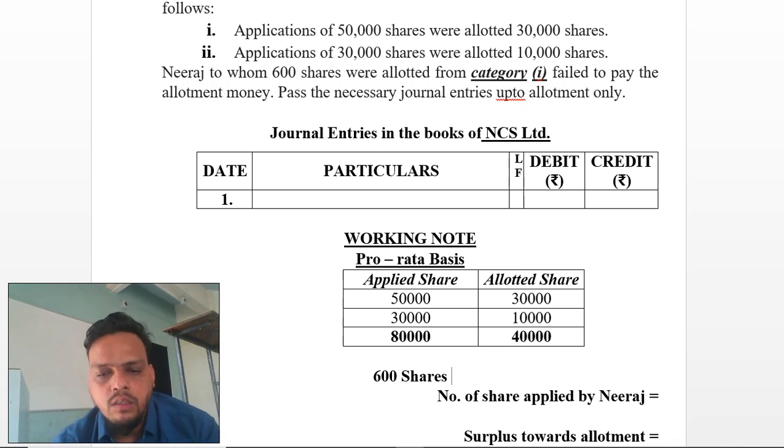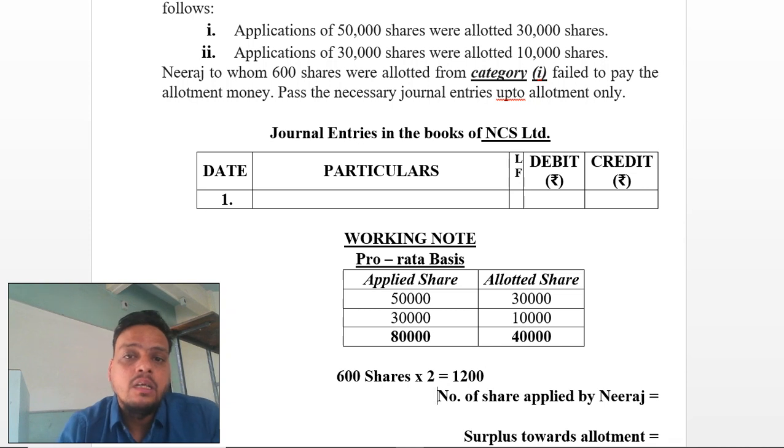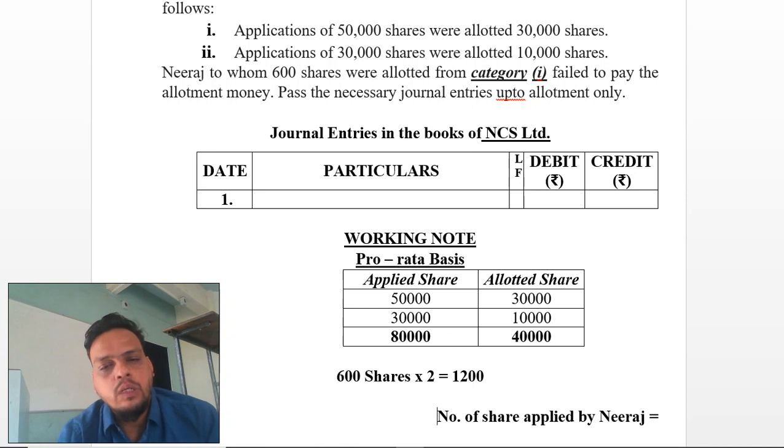Correct? Here, for 600 shares, he has to pay 2 rupees each. That means 1200 rupees he has paid. But exactly he is in category 1, where 50,000 applications were made, and out of that 30,000 shares were given. So first we will adjust how much he has applied, and then we will calculate how much he has received and how much he has paid.